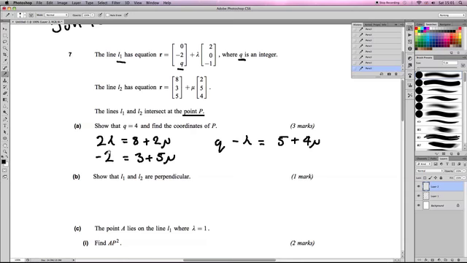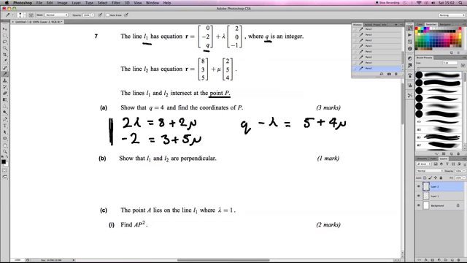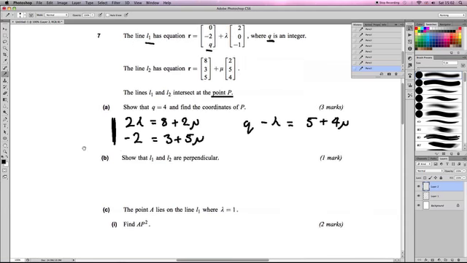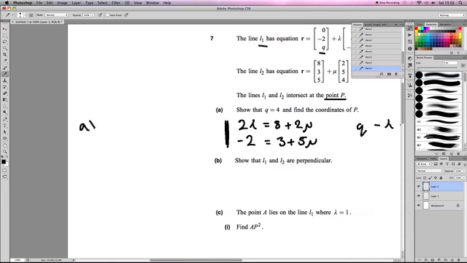At this point, I'm just going to plug these two into the equation solver on the graphical calculator. The only problem with your graphical calculators is that they have the format of ax plus by equal to c.